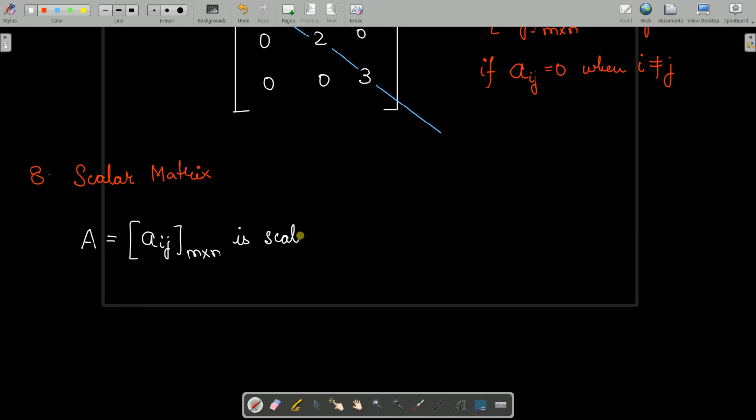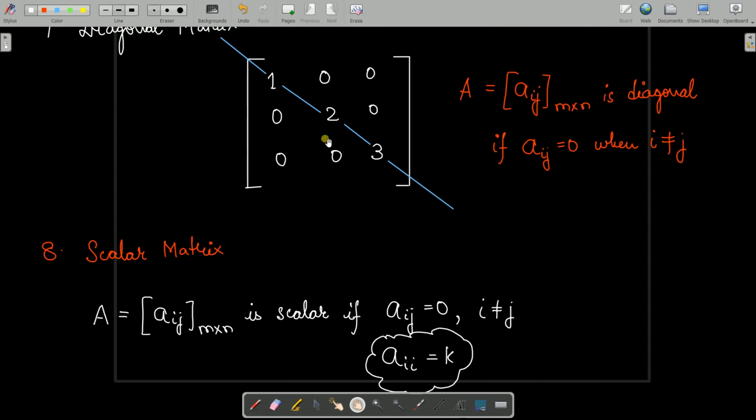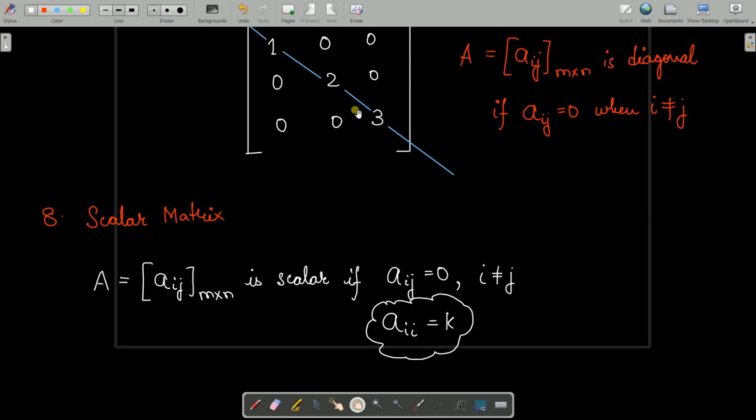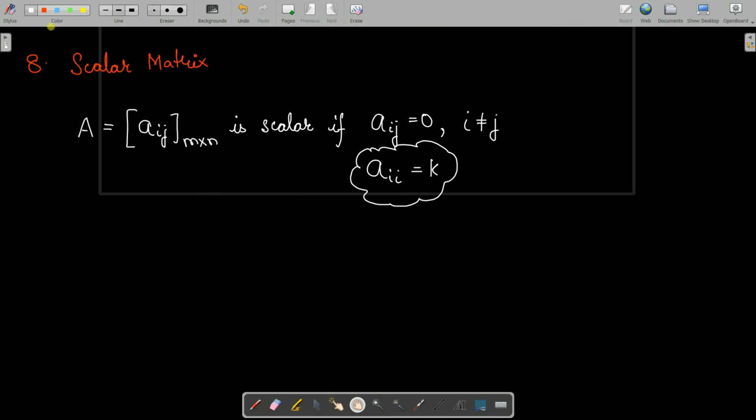I will call this matrix to be scalar if Aij equals 0 when i is not equal to j, but Aii is equal to k. So if all the principal diagonal elements become equal, I will call that matrix to be a scalar matrix.